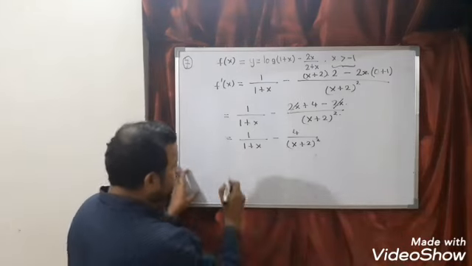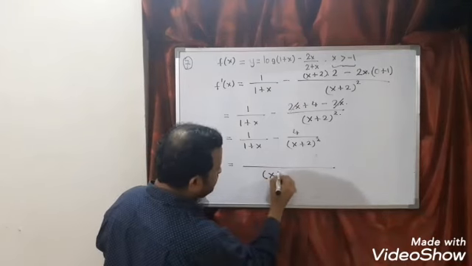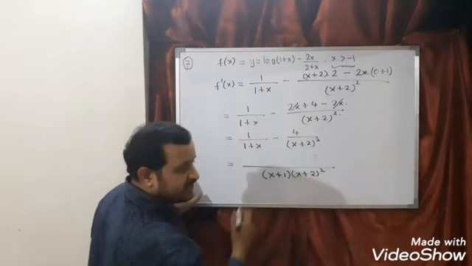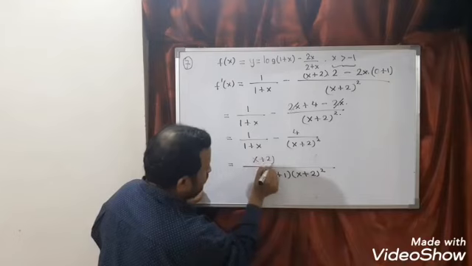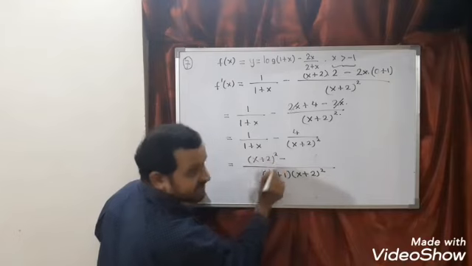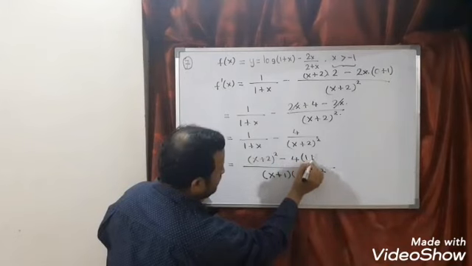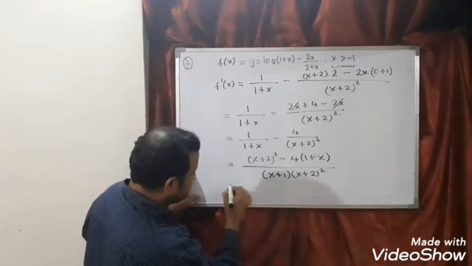Take LCM. So when you take LCM, what you will get? The denominator (x plus 1) into (x plus 2) whole square. Take LCM, so what you will get here is (x plus 2) whole square minus 4 into (1 plus x). Expand.